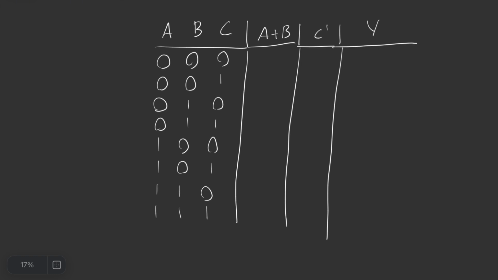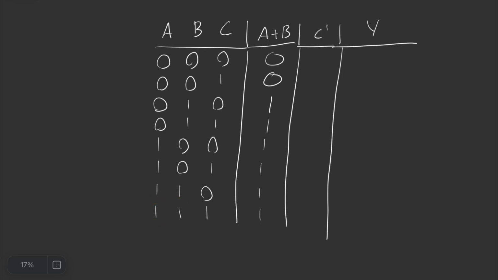So A or B, or A plus B: 0 plus 0 is 0. 0 or 0 is 0. 0 or 1 is 1. 0 or 1 is 1. 1 or 0 and 1 or 0 are both going to also give us 1. And then 1 or 1 and 1 or 1 are also going to give us 1.